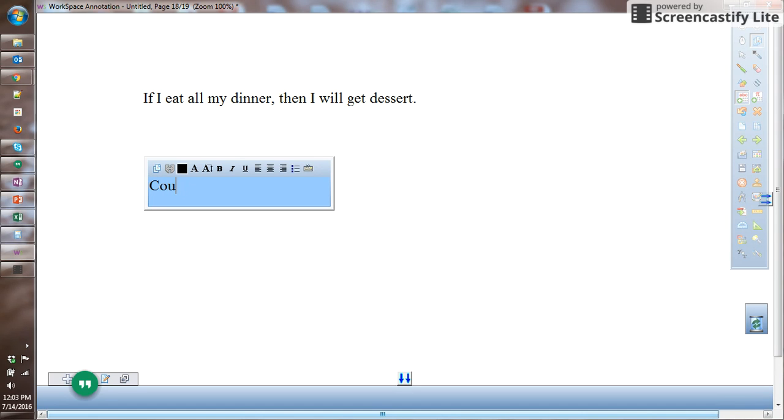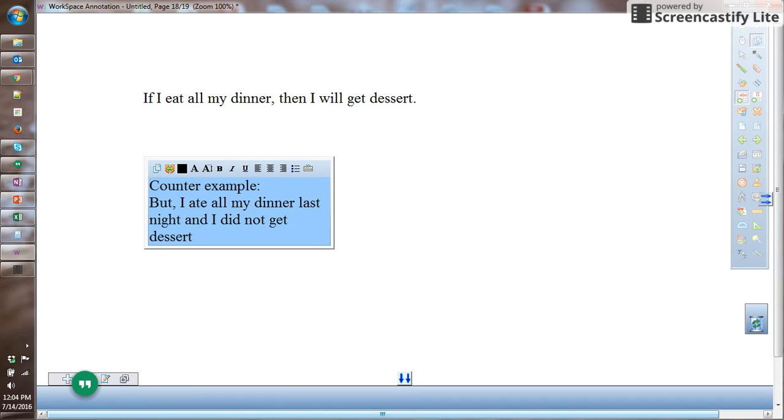So here will be my counterexample. Usually they start with a but. But I ate all my dinner last night and I did not get dessert.